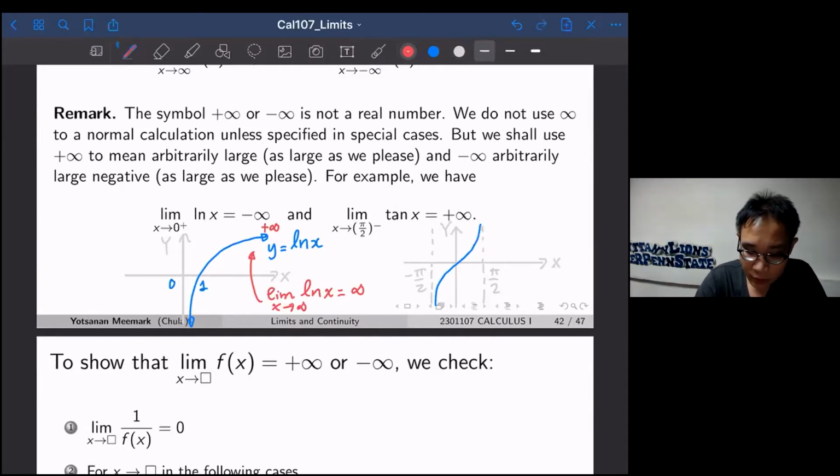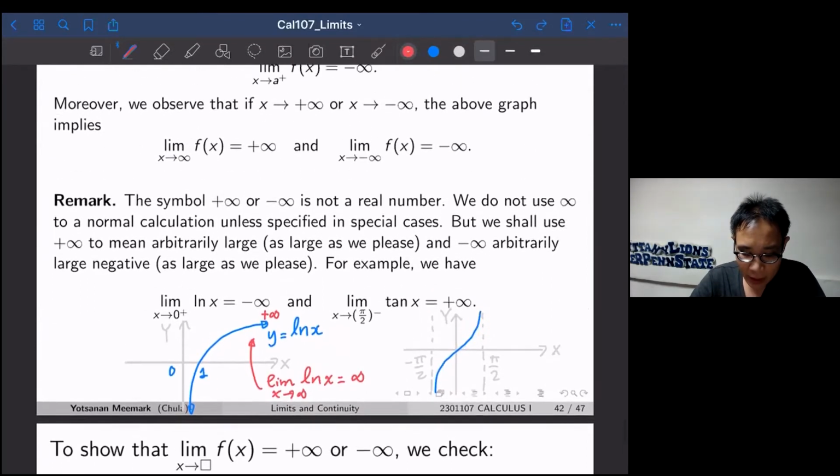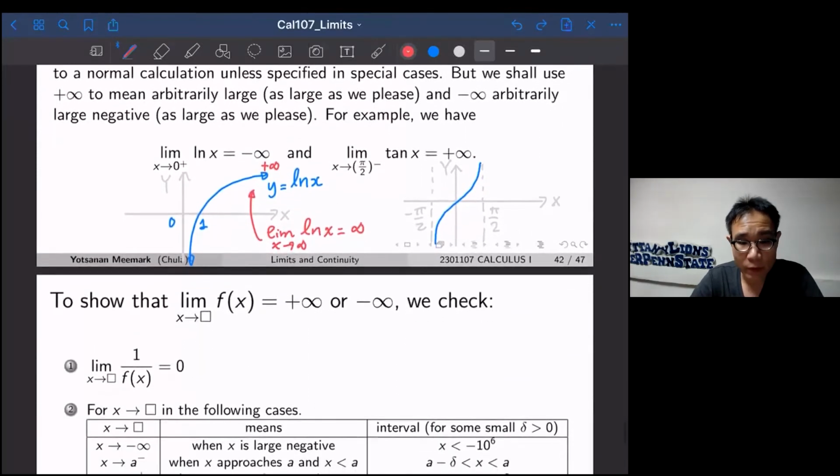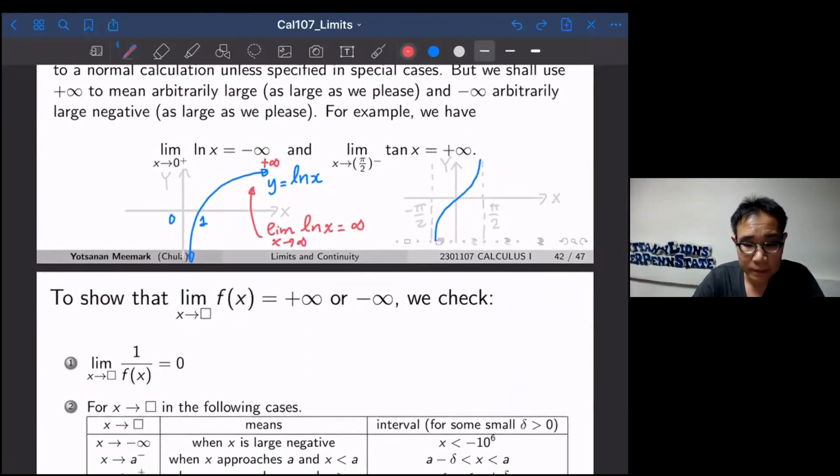So we can conclude this from the graph of tan x. These are two important limits that we will use in the future as well.